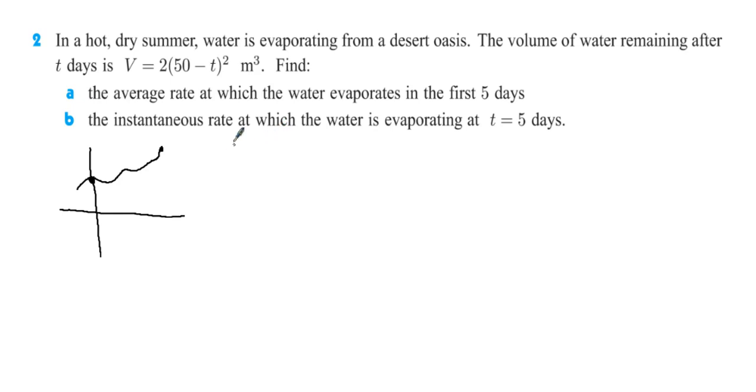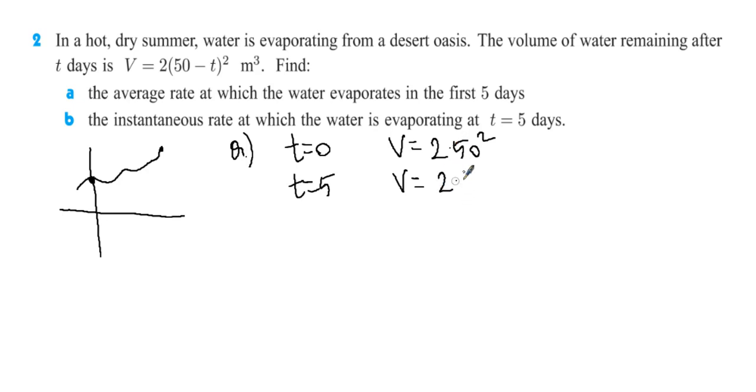So initially, at time 0, what's the volume? If I put 0 instead of t, it will be 2 times 50 squared. And after 5 days, if I put 5 instead of t, it will be 2 times 45 squared. So initially it's the highest, then finally it's decreasing.